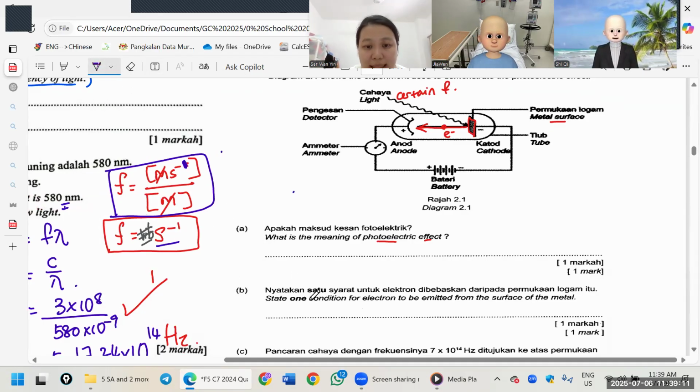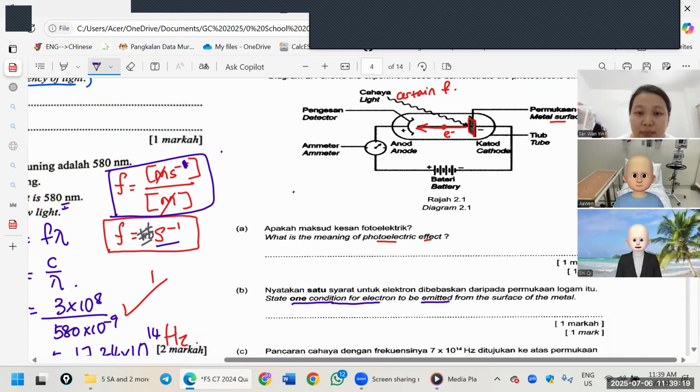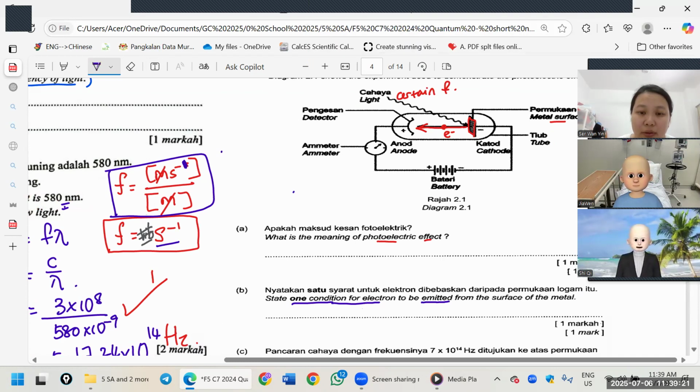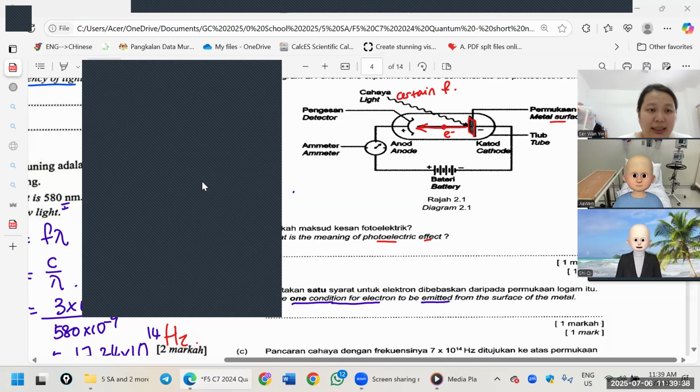Right now, state one condition for electron to be emitted from the surface of metal. Okay, I want the answer from anyone who can tell. Why is the electron emitted out? Thank you, Tin Heng.